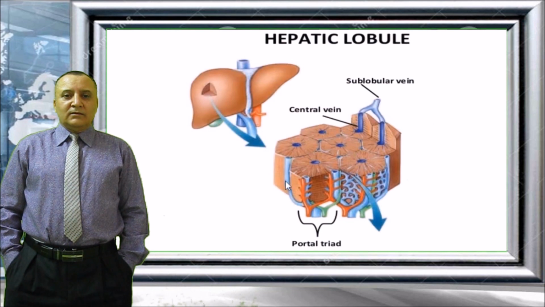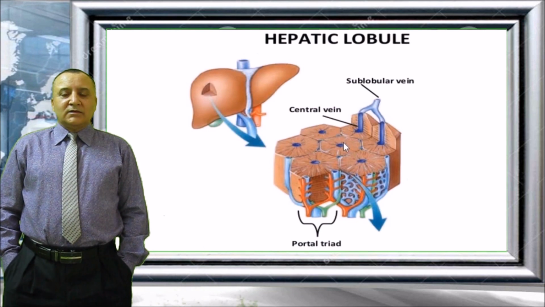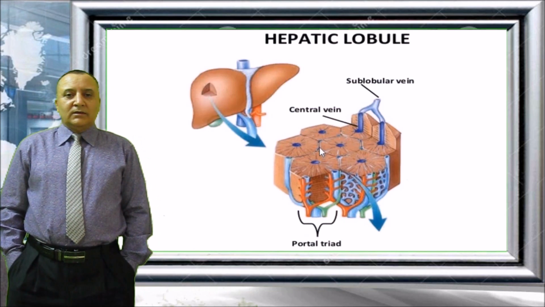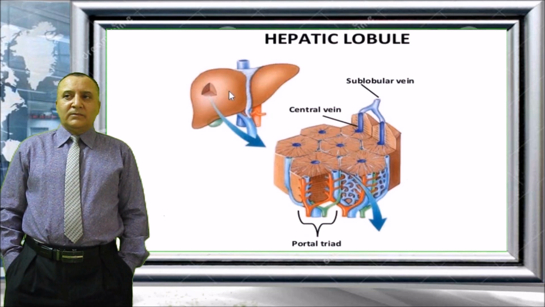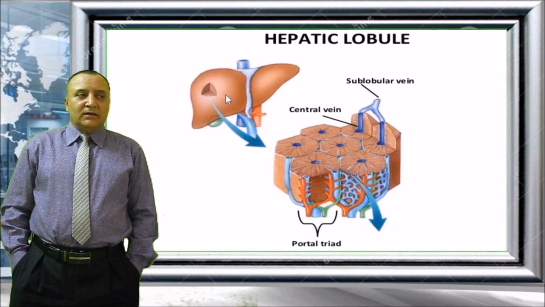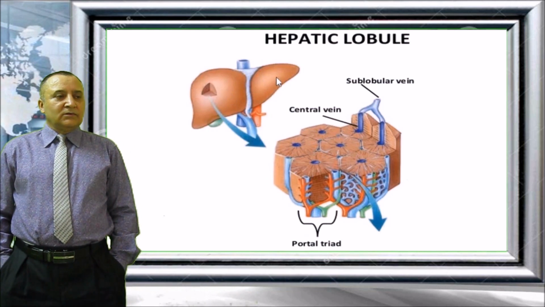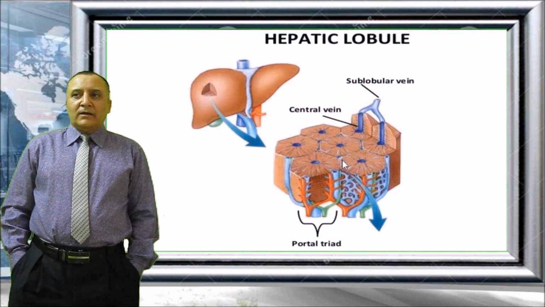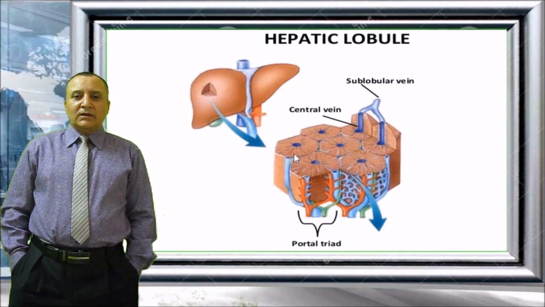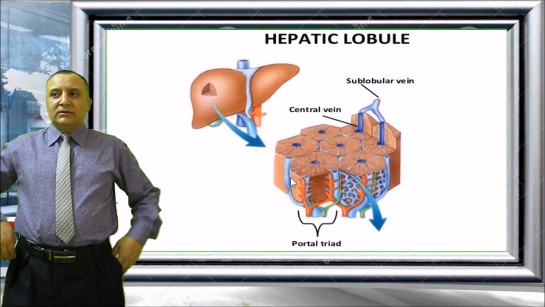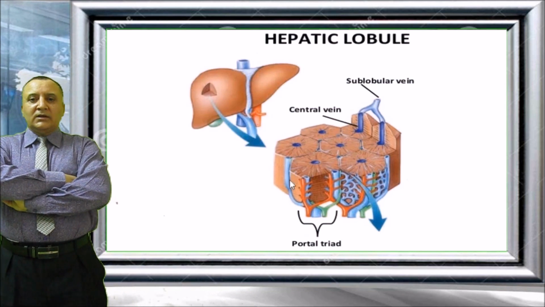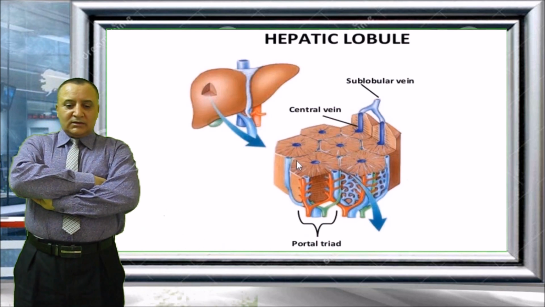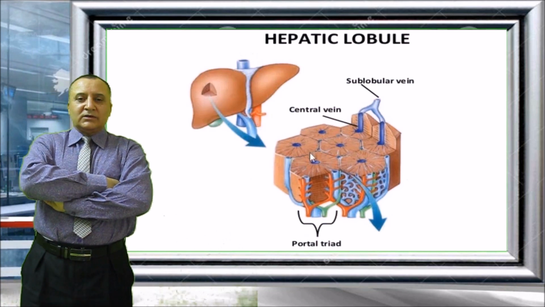So these liver lobules, which are hexagonal in shape, are the building blocks of the liver. These lobules form the liver, and they are around 2 mm in length and around 1 mm in diameter.